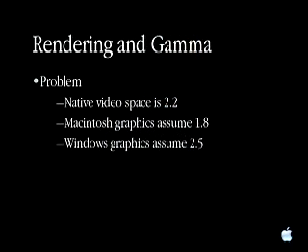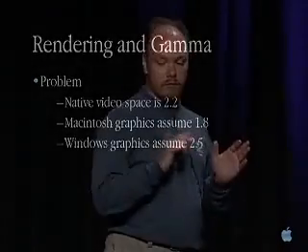So the issue is that there's different gamma for the different systems that QuickTime deals with. We have video, which has a gamma which is established at 2.2. And the Macintosh, the gamma is established at 1.8. And Windows is basically using the native values of the CRT, which is 2.5. So why is that a problem for video rendering?